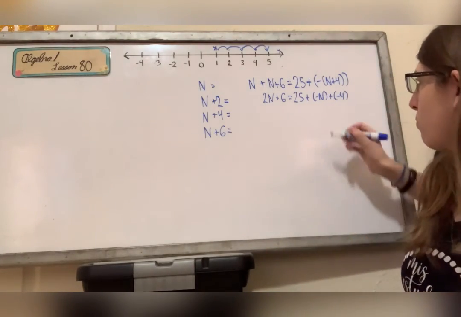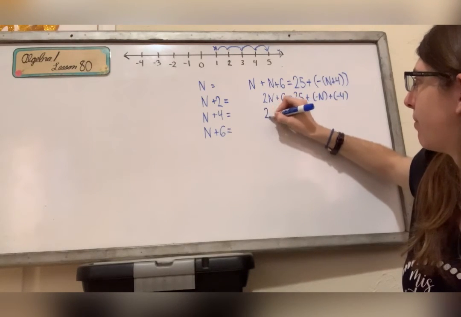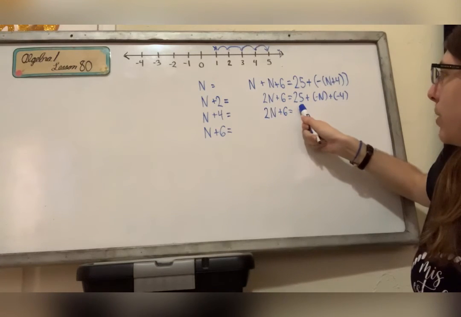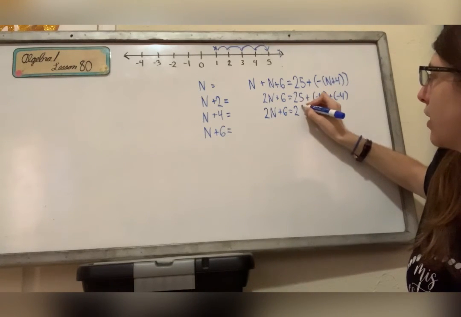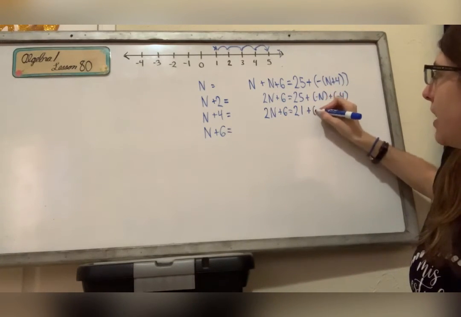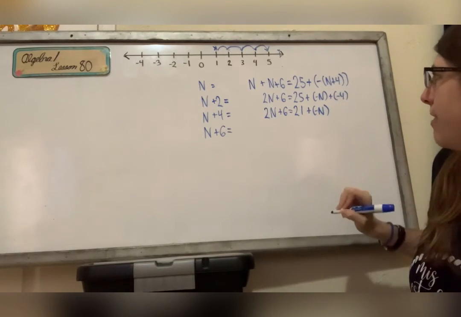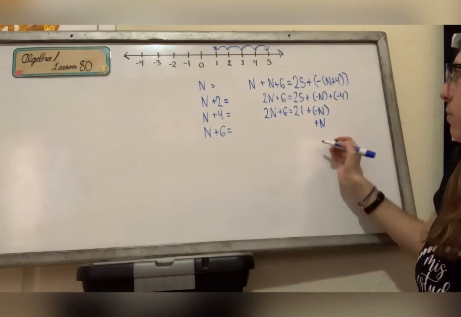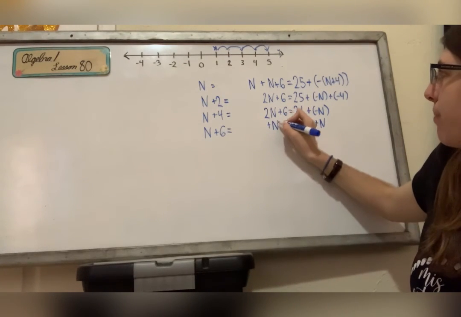Okay, so I can further simplify, not changing anything over here. I have negative 4 plus 25 gives me 21 plus a negative n. I'm going to add n to both sides because this positive n will cancel out that negative n.